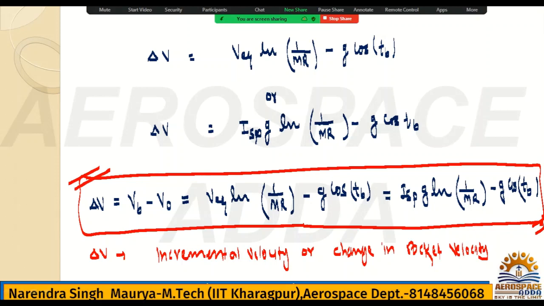Second, we have another case, which is called case 2. Here we have G cos TB. TB is the burning time of the propellant, and G cos theta. Sorry, this is G cos theta.